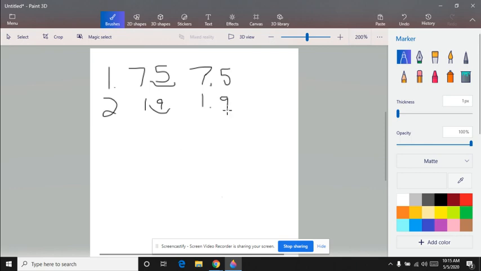Number 3, 3.8. Now this one already has a decimal, so it sounds trickier. All you have to do is move it one spot to the left. So 3.8, move to the left one spot, 0.38 is all it is. You're keeping your numbers the same, just moving the decimal place.